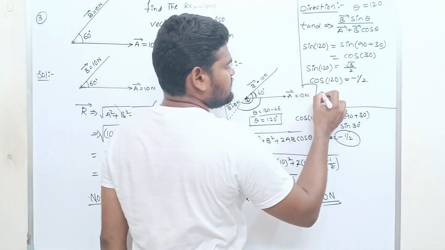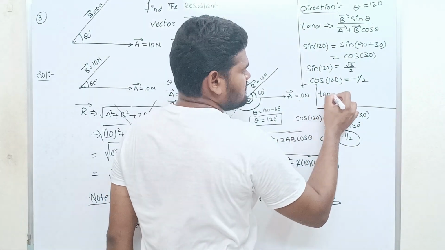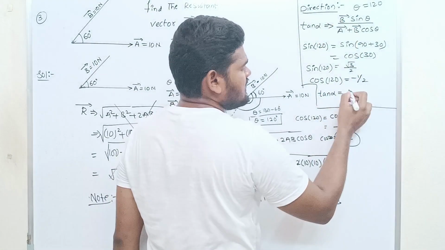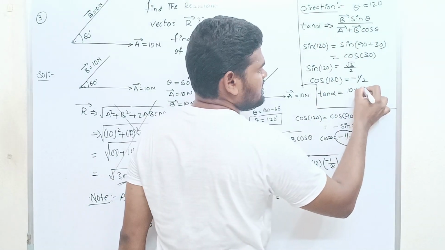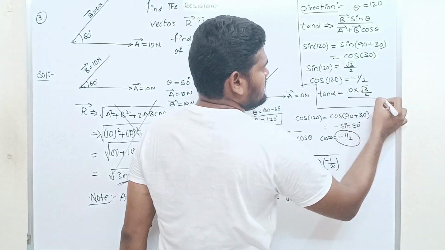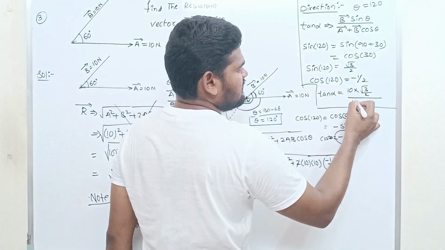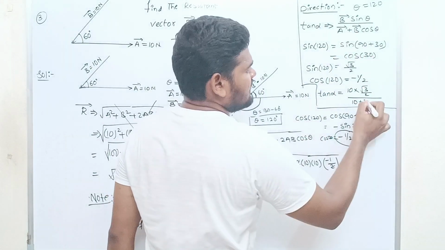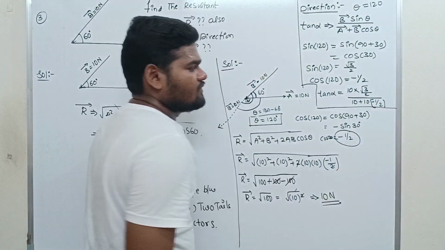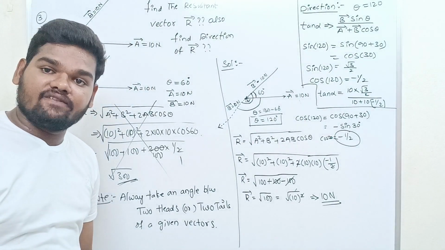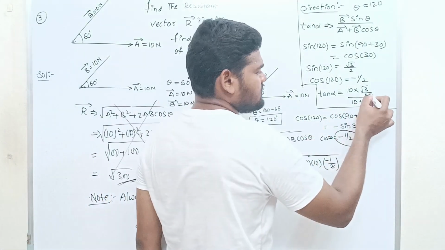Just substitute here. So tan alpha is equal to b bar, which is 10, into sin 120, root 3 by 2, divided by a bar 10 plus b bar 10 cos 120, minus 1 by 2. Any difficulties there? Just solve this and you will get the answer.